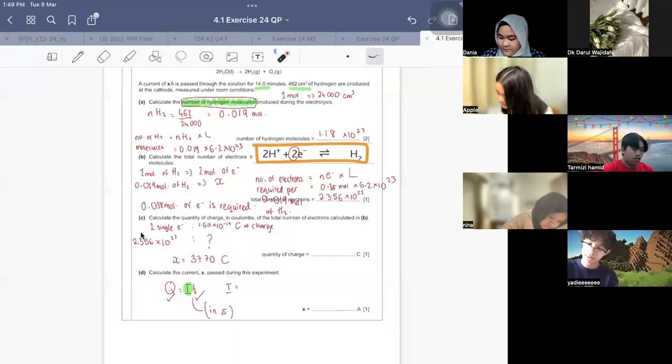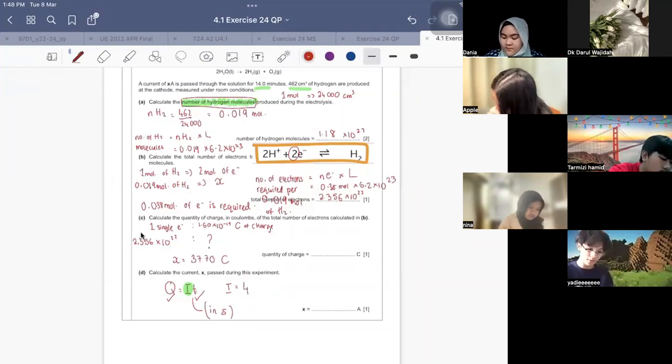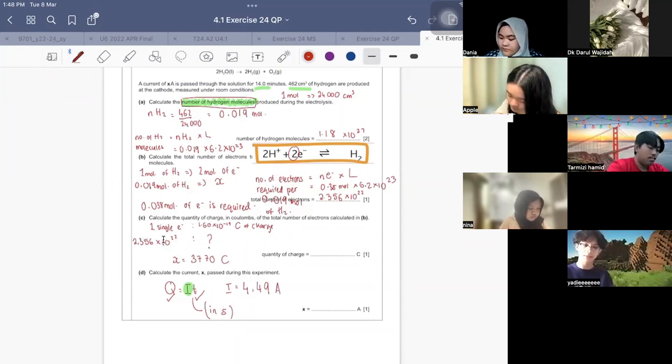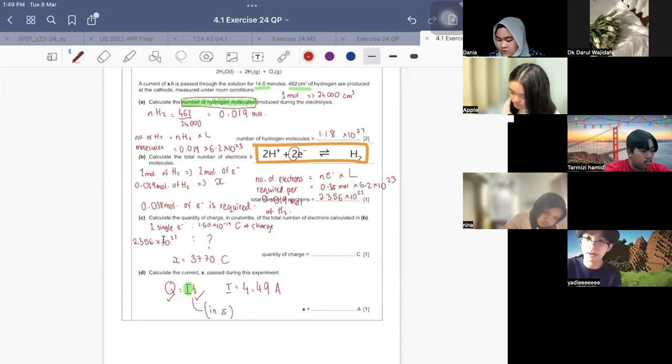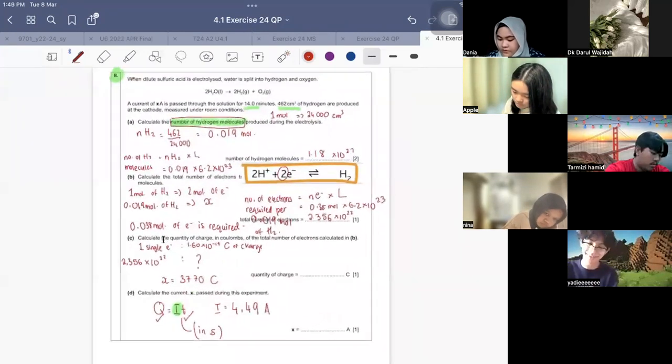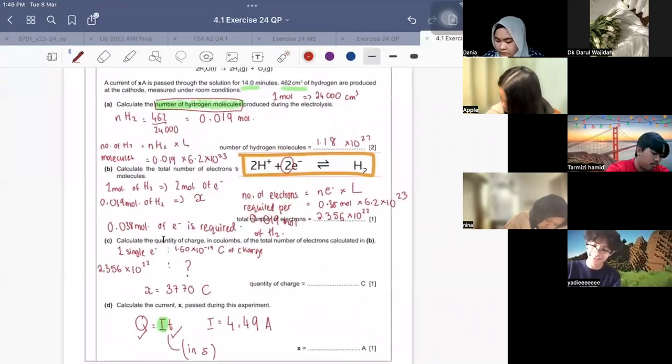So I got 4.49 amps. Did you guys manage to get that? Okay, I'll give you time. So I'll just zoom it out. You should be able to see everything here.